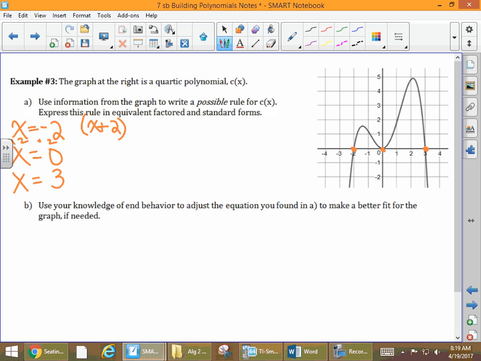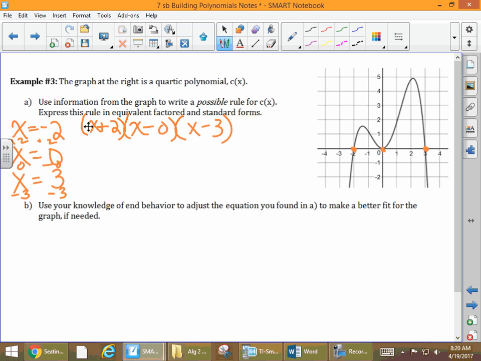We can add or subtract 0 to both sides, but we get x plus 0 or x minus 0. And do we really need to write the 0? We don't. And here, if we subtract the 3 from both sides, we get our third factored value.